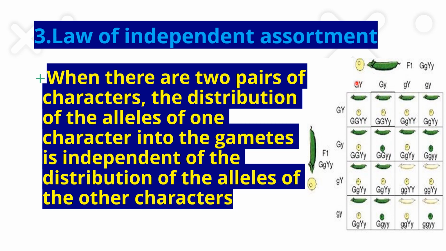Then these two alleles from different characters are independent of each other. That is the law of independent assortment. You can see this only in a dihybrid cross, because in the definition there are two pairs of characters, so it will not be applicable for a monohybrid cross. This is very important.